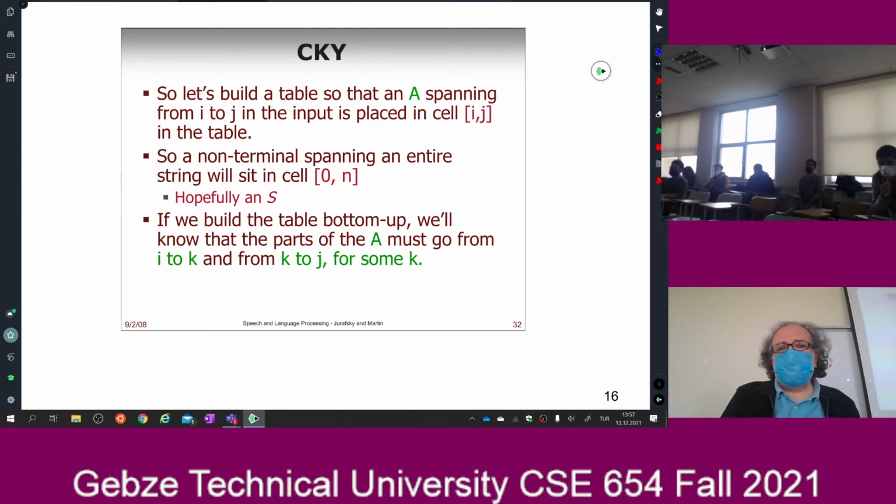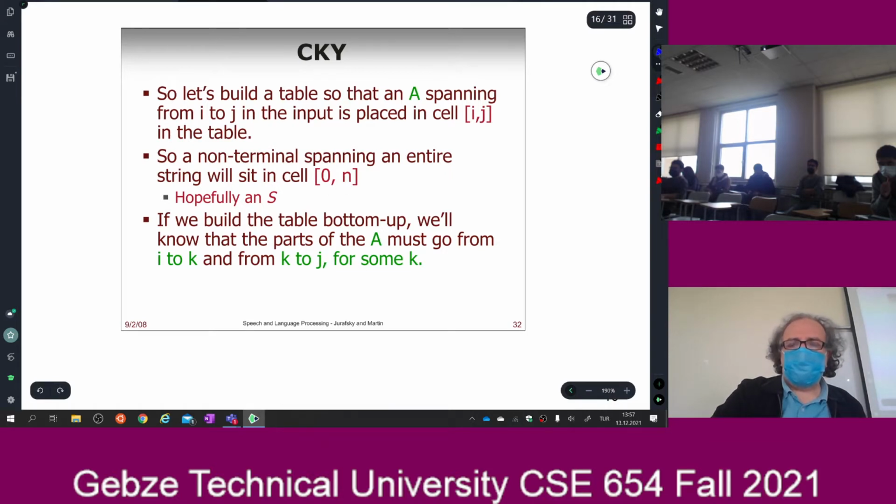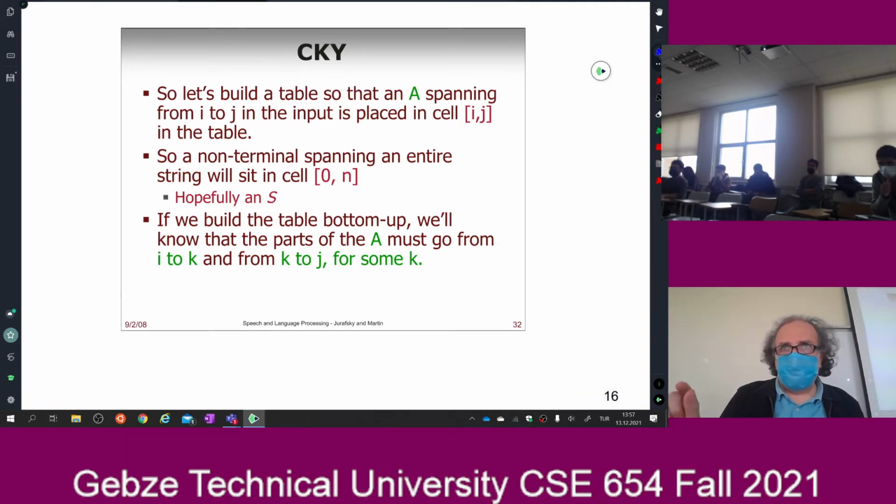Okay, so we are doing this bottom up. What does that mean? First, we start with cell 0 to 1, then 1 to 2, 2 to 3, etc. So we are looking at each word one by one, and then going one level up. How about 0 to 2, 1 to 3, etc. It's going that way, and that's how the algorithm works. And at the end, when I hit cell 0n, I will find all the possible parses of the whole sentence.